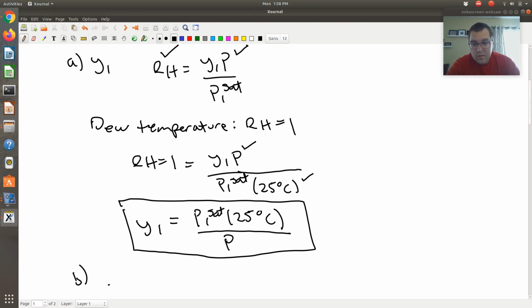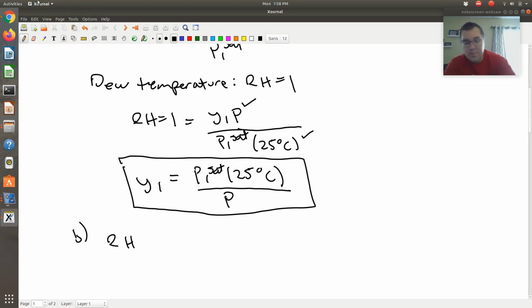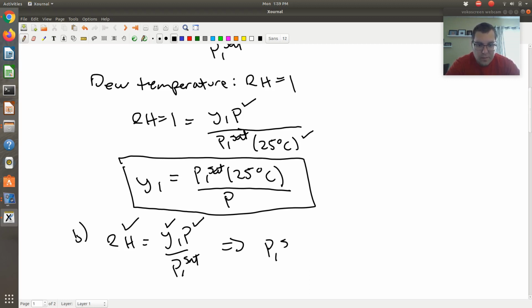Relative humidity is equal to Y1P over P1 sat. Now I know Y1, I just solved for it in A, I know P, and we know the relative humidity, it's 0.75. So I can solve for P1 sat. P1 sat is equal to Y1P over RH.